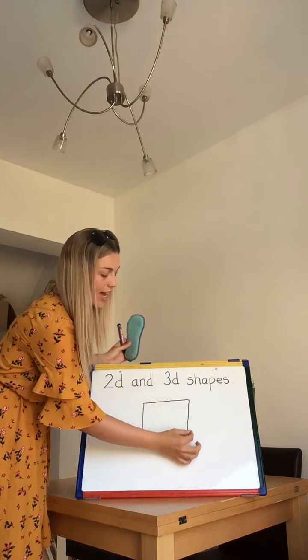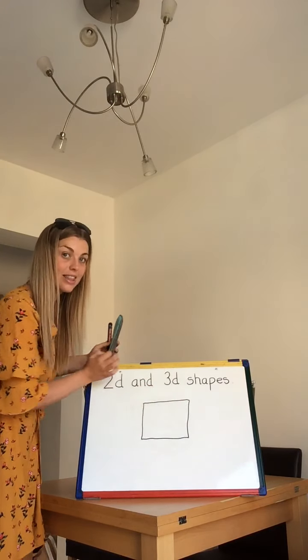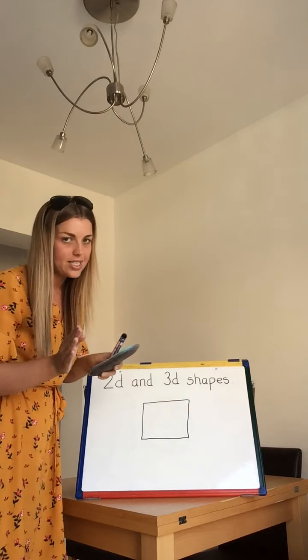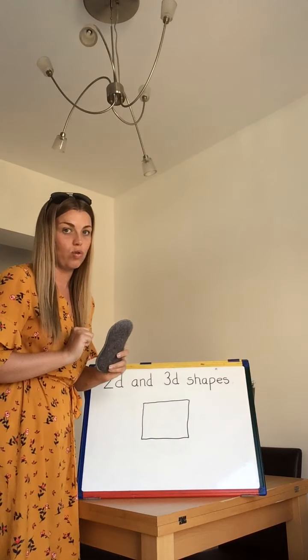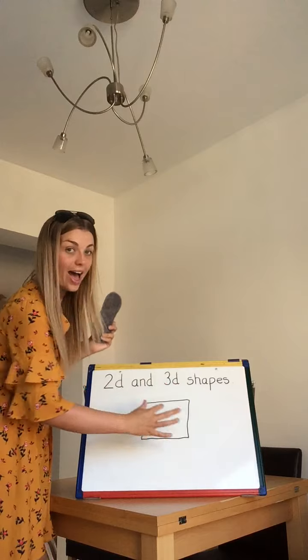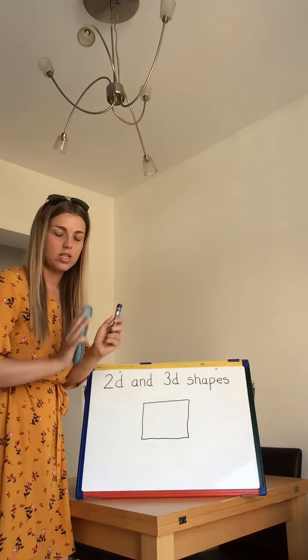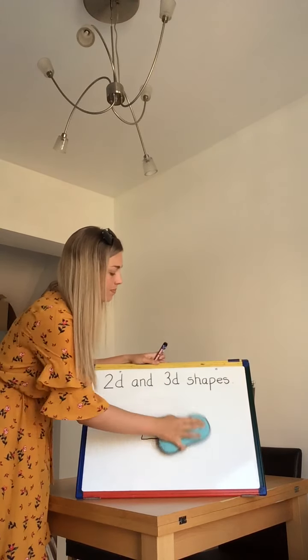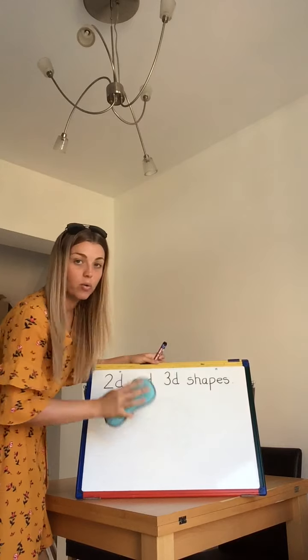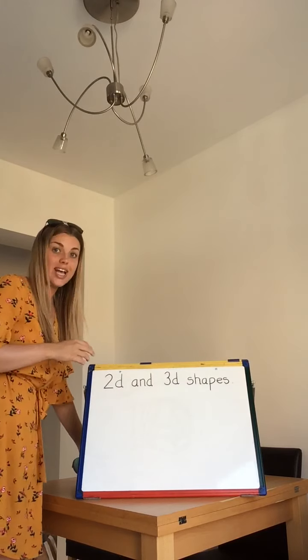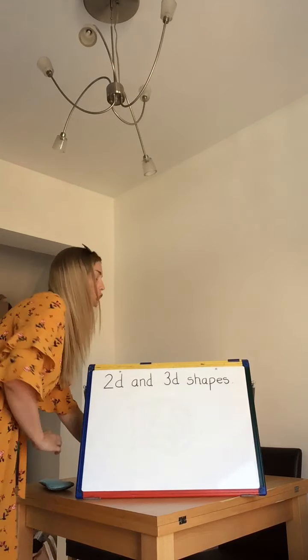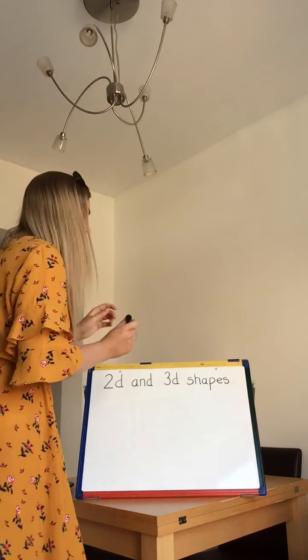All of these sides are exactly the same size. They're not exactly the same size because Miss Davies hasn't used a ruler this time, but they are supposed to be all the same size. And the reason we focus on that is because our next shape also has 4 sides.